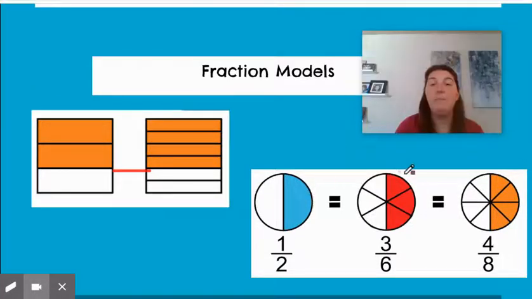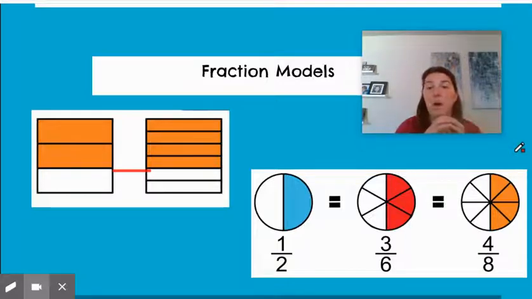If they're cut up like this, they all actually got an equivalent amount. It was just cut differently. So being able to look and take out those lines and just focus in on the amount that's shaded in is what you're going to need to do when comparing those models.